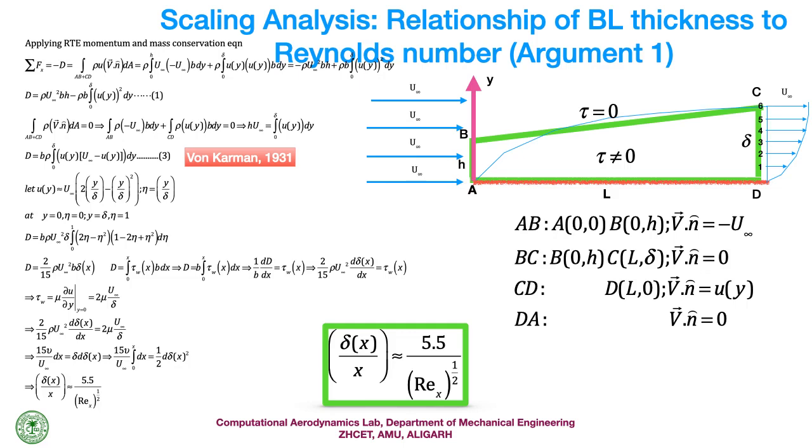If you assume a different velocity profile, the constant 5.5 may differ, but the relationship will always come out to be similar. So if I assume that and do the maths, which has been explained, I get the expression that delta by x is basically 5.5 times Re x raised to the power of minus one half.